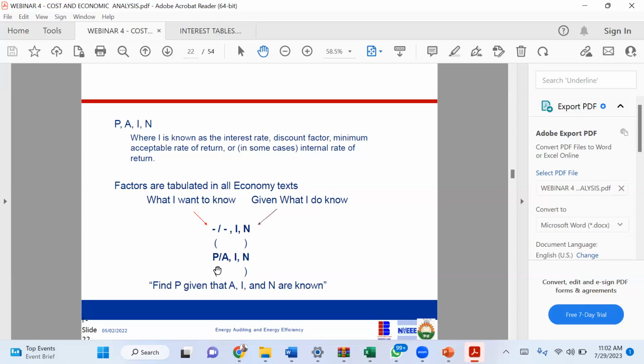When you see something like this, it means that what is in front is what I want to know, what you are looking for. Then all the things under are what I know already, what you are given. To interpret this, it means find P, the present value, given that A, I, and N are known.